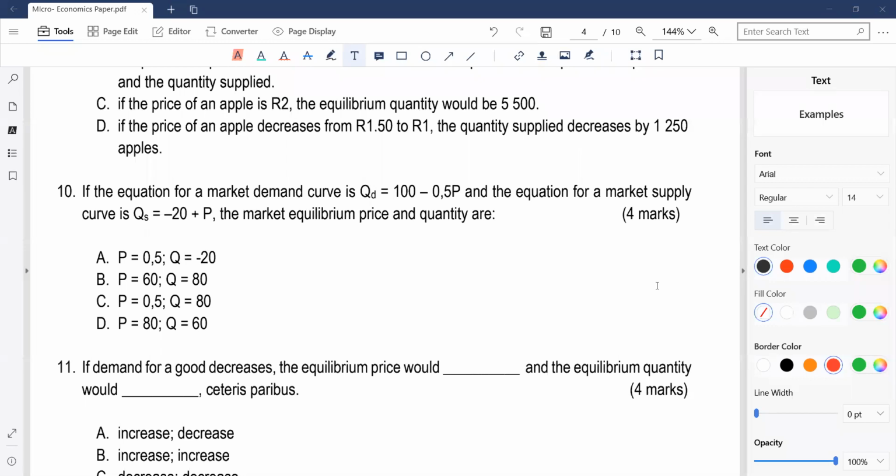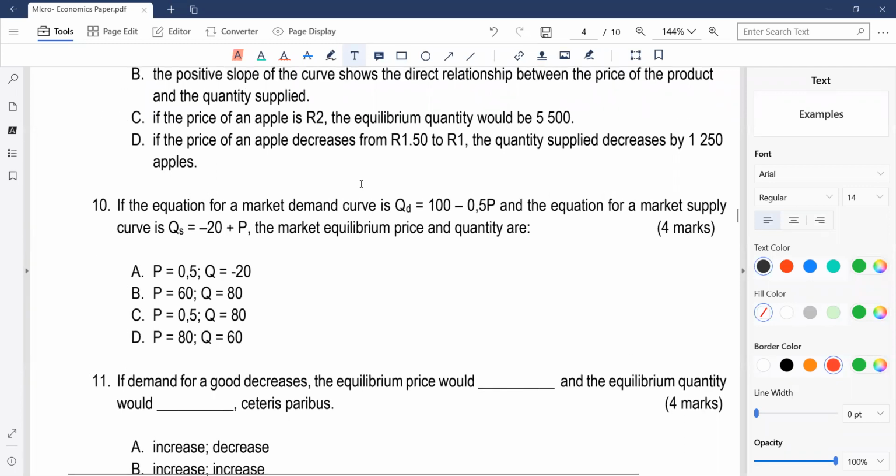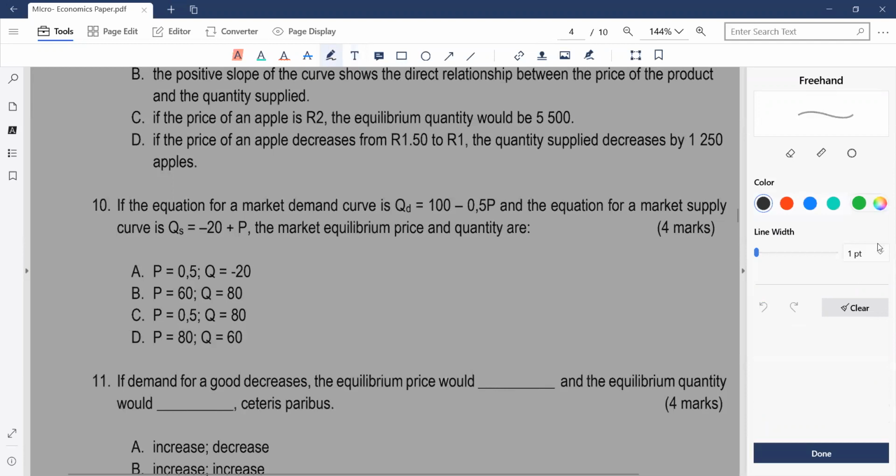Try to slot in price where price goes and Q where Q goes, and then see if you would get the correct answer there. But we can also do it like this. Remember, the equilibrium price is where QD is equal to quantity supplied.